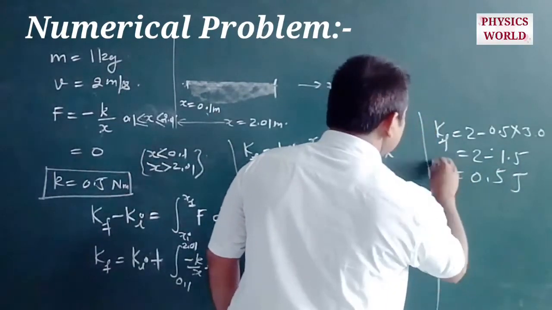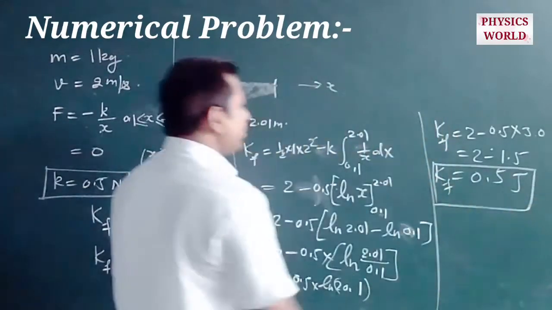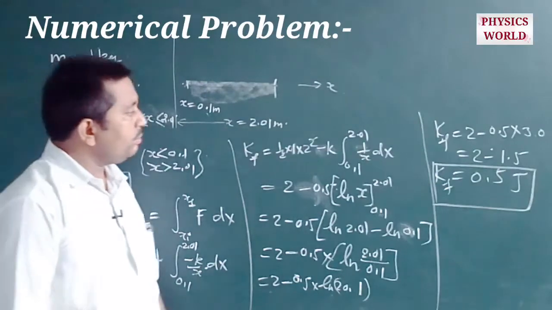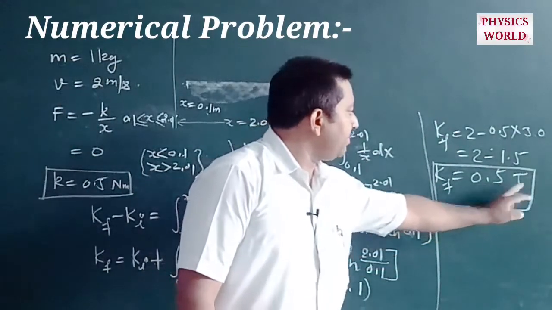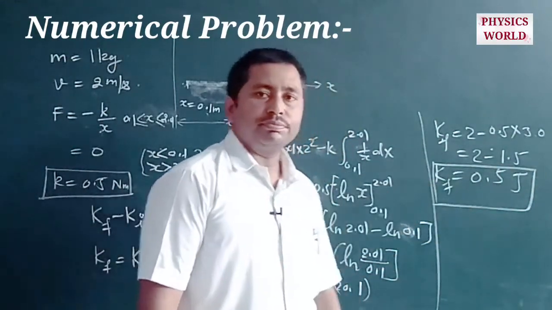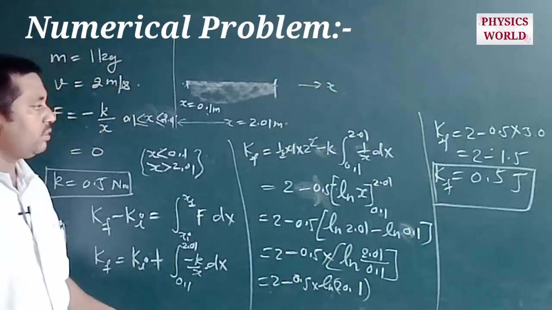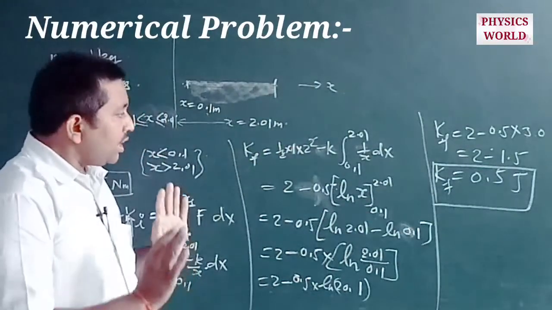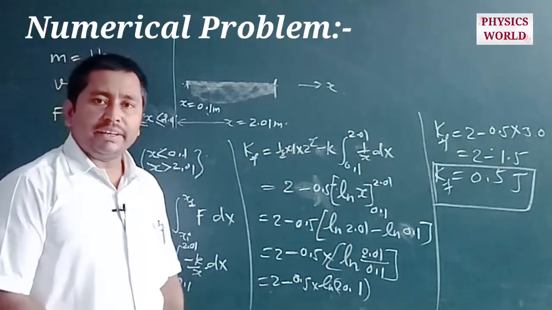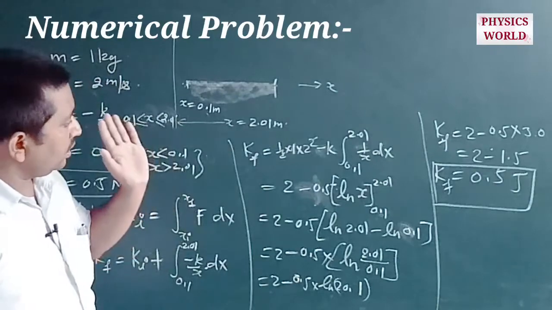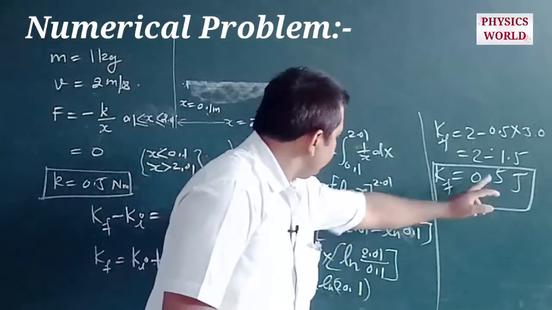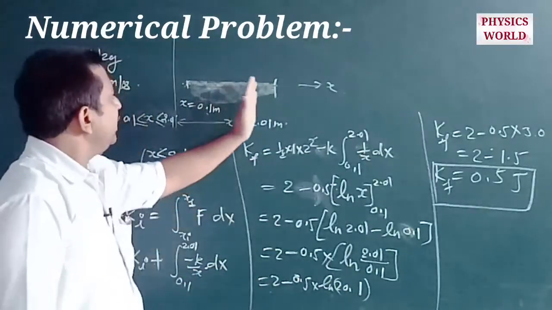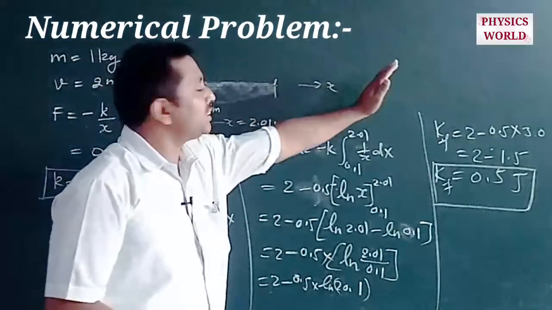So the total final kinetic energy will be equal to 0.5 joule. From here we can easily obtain the final velocity with which the object exits this region.